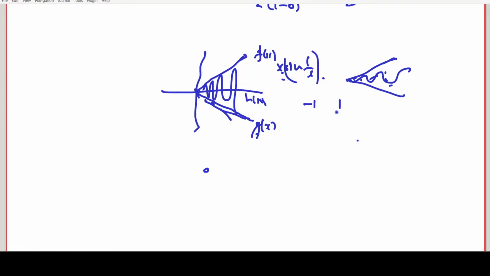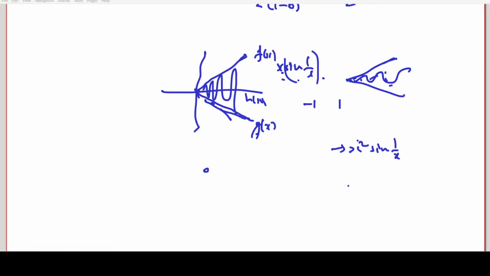What about differentiability of x squared sine 1 by x? Is it differentiable at x equal to 0? These are important questions. Just check in your textbook, and we will discuss this at a later point of time.